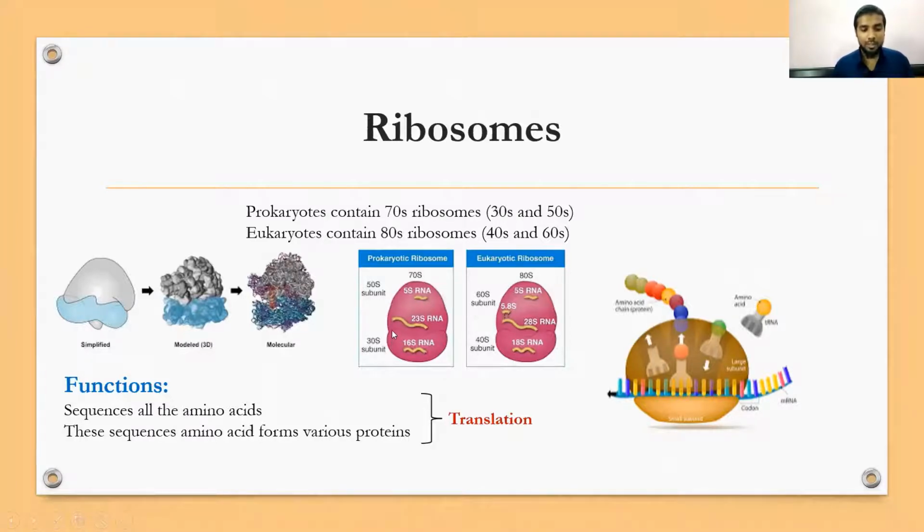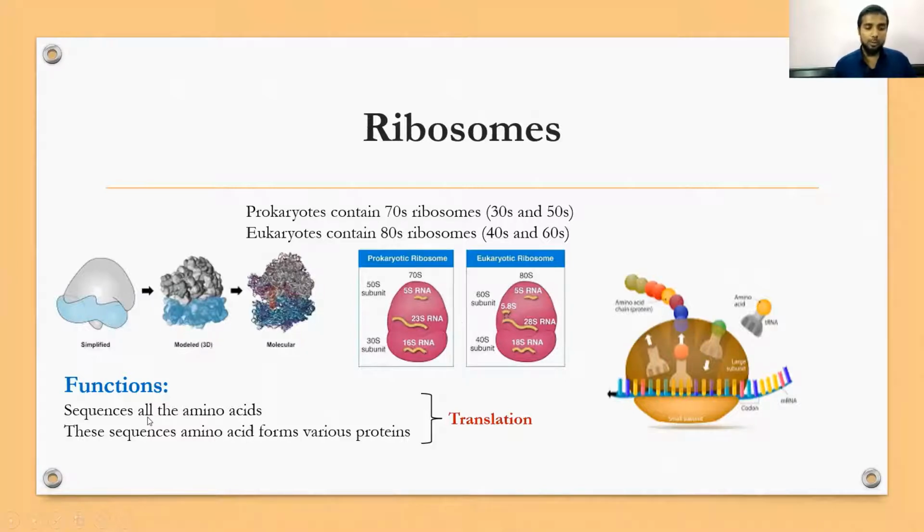As I've said, the smaller subunit is at the bottom, and the larger subunit is on top of the smaller subunit. This is 50S and 30S in the case of prokaryotes, whereas in eukaryotic ribosomes, 60S is the upper one, that is the larger part, whereas 40S is the smaller subunit. Both are attached in this way. Let us see what the functions are.